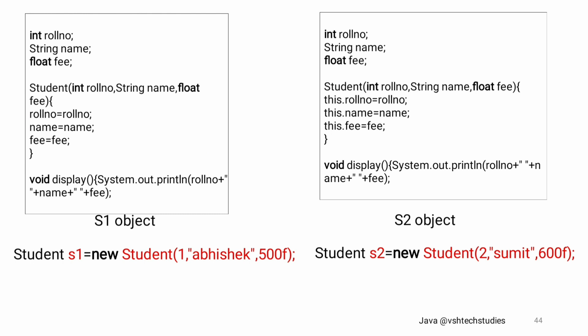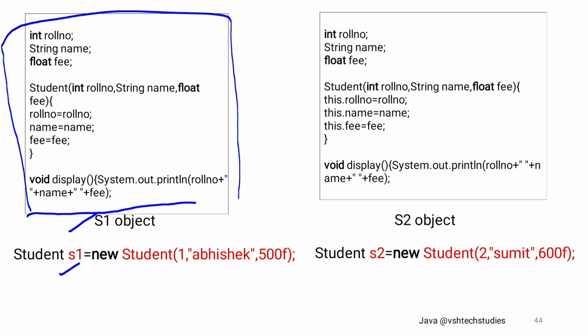We can visualize what is happening in that program. When the S1 object is created by this instruction in the main program, this is the memory space allocated for the S1 object. It is similar to its class. There are three data fields: this is the roll number field, this is the name field, this is the fee field. It has one parameterized constructor and one display function.